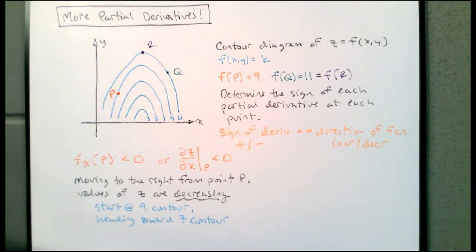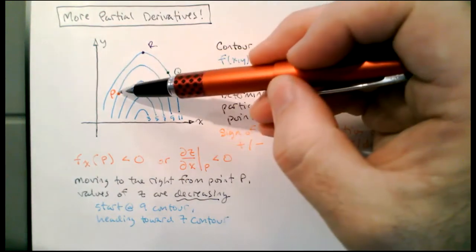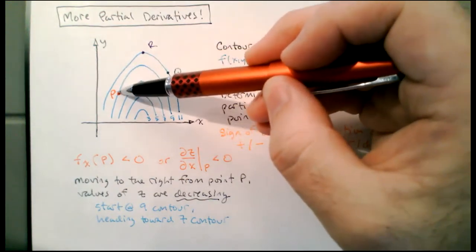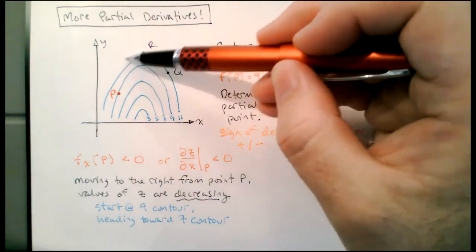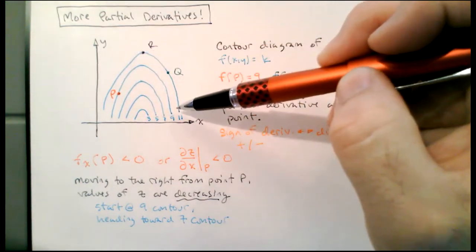Since we have a function of 2 variables, we have 2 partial derivatives. So we also have to look at how things are changing in the y direction. If we move up from point P, it looks like the values of z are increasing. Because if we start at point P on the 9 contour and move vertically, the contour we're headed for is the 11 contour.